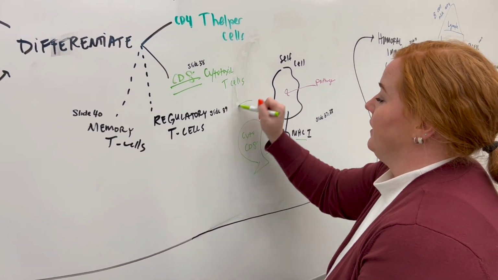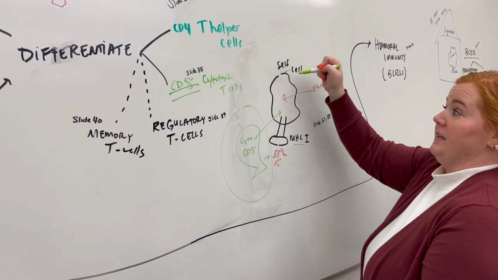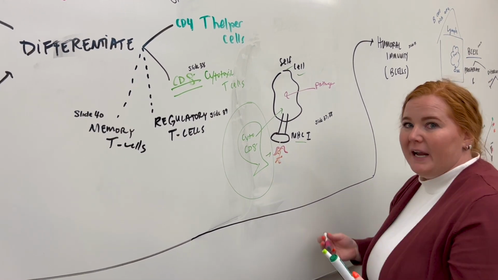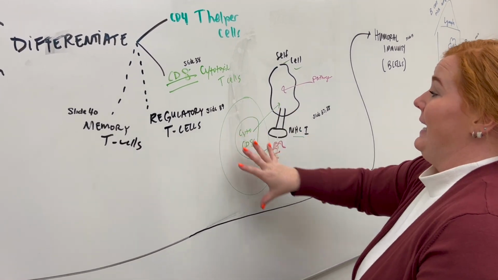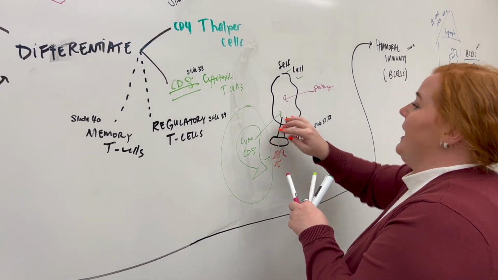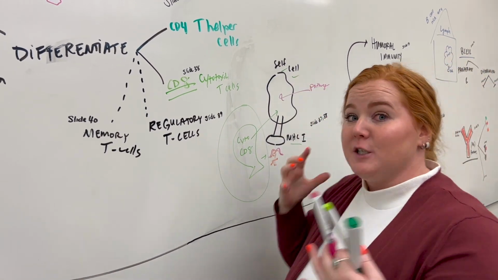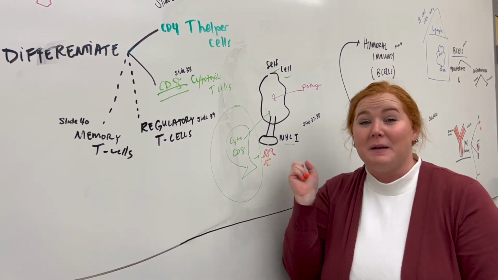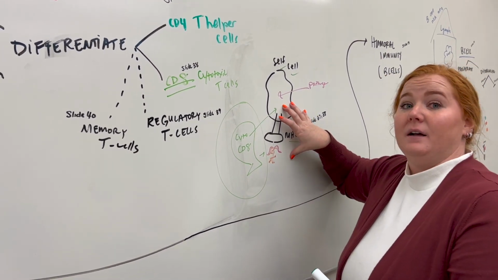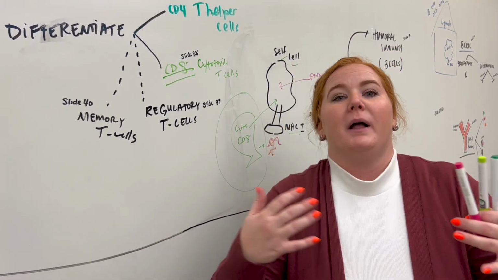And this cytotoxic T cell is now going to destroy this self cell because it's infected with a pathogen, some sort of virus. So it does that by releasing perforin, poking holes, and then this cell will explode. We're okay with a self cell exploding because this self cell has been infected by a virus or by a pathogen. So we need this cell to be terminated so that it doesn't keep continuing to multiply and replicate and keep spreading that.